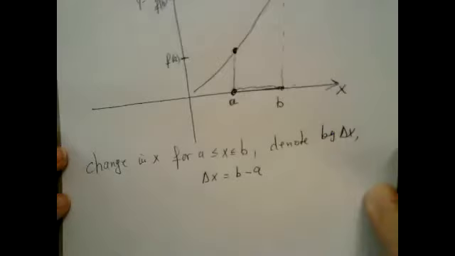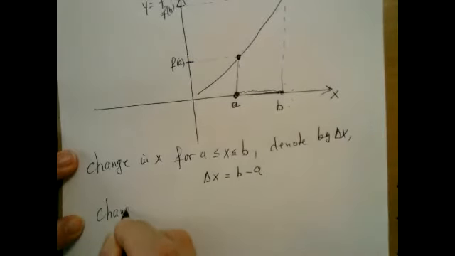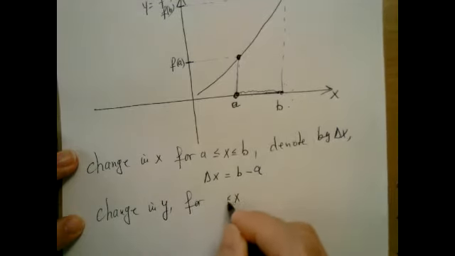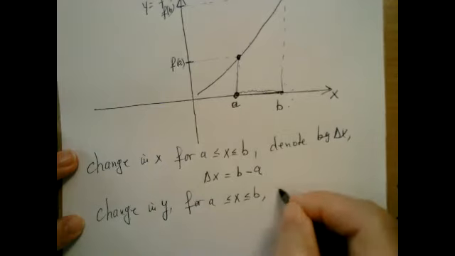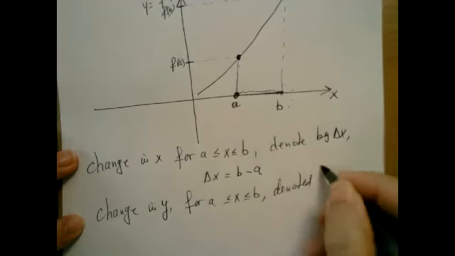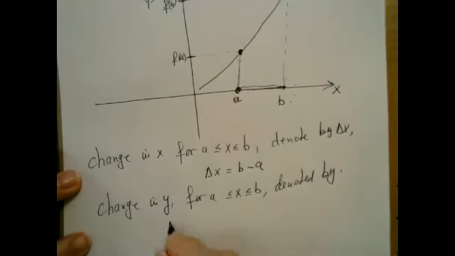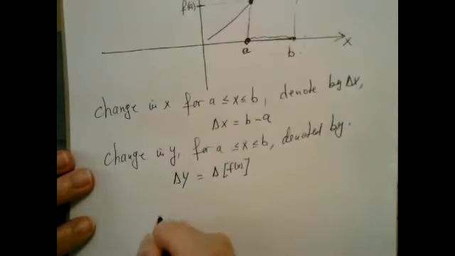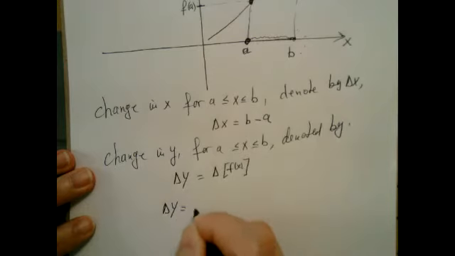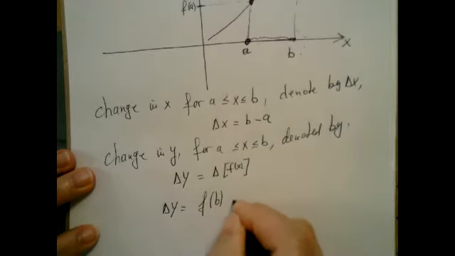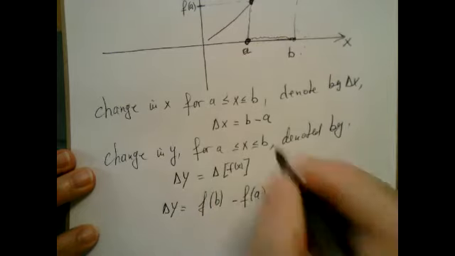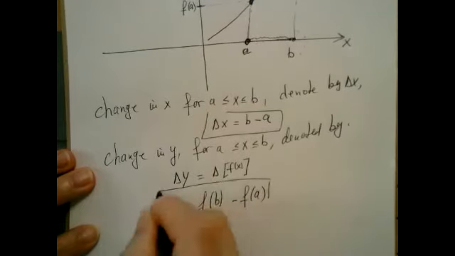So the change in Y for X between A and B, we denote the change by delta Y or delta of f of X. So we use either notation. It's defined by how much the output changes. It means it's defined by f of B minus f of A. So by how much the output changes.